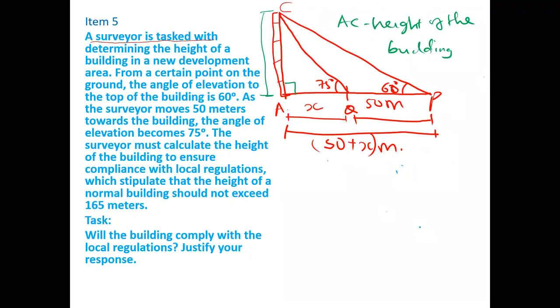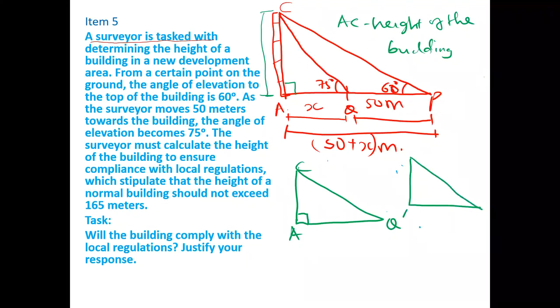So I have triangle AQC, and also another bigger triangle, which is APC. In the first, I have the base as X, the height H, that is AC, and the angle is 75 degrees. Of course, this is also angle 90.